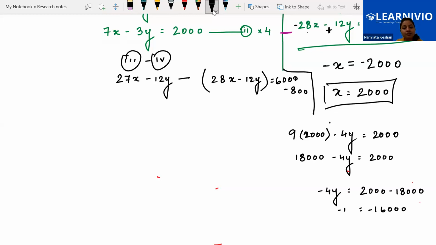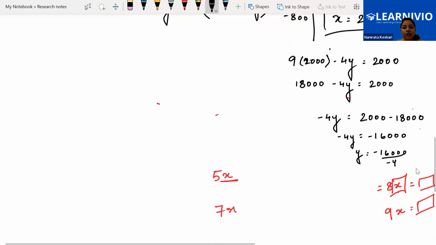On the other side we have negative 4y. So y will become negative 16,000 over negative 4. Negative and negative will cancel out each other and we will have the y value as a positive 4000.